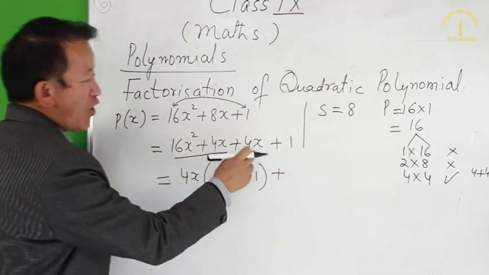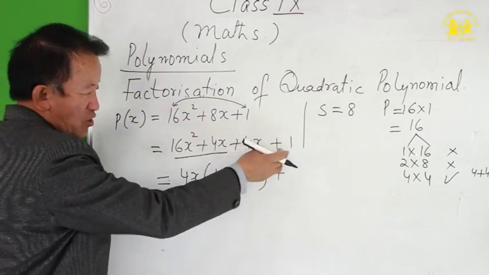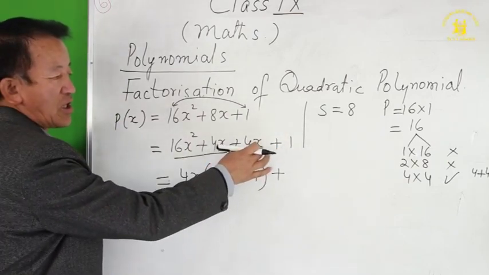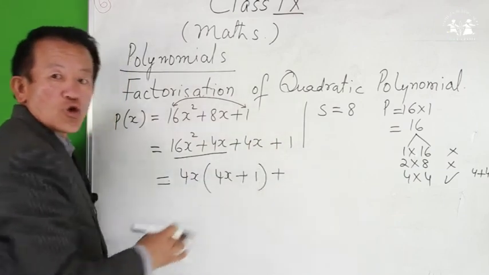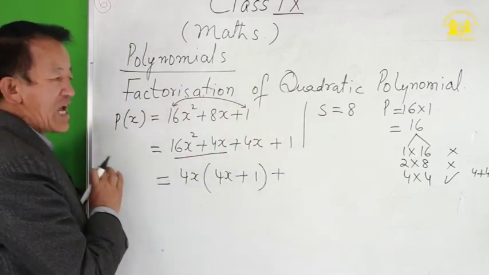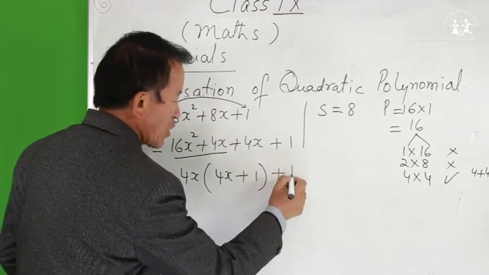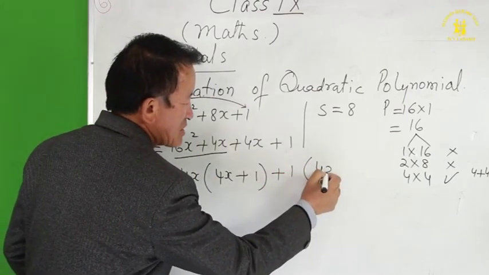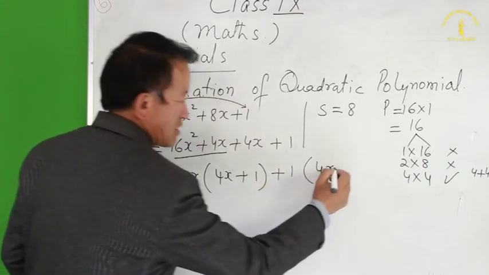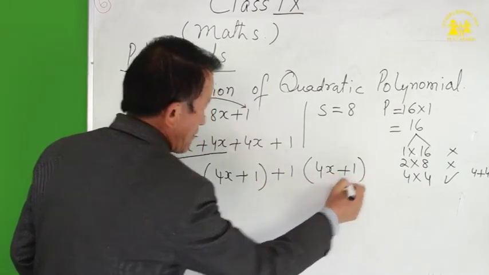Plus 4x plus 1. Since they do not have any particular factor, the common factor will be 1, because 1 is the common factor of every number. So plus 1. And what will be left? When you divide by 1, you will get the same number, the dividend, 4x plus 1.